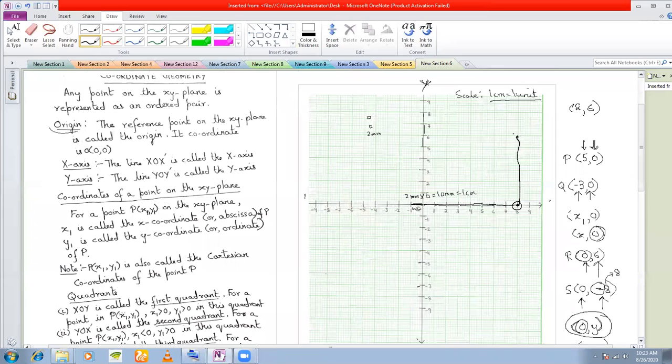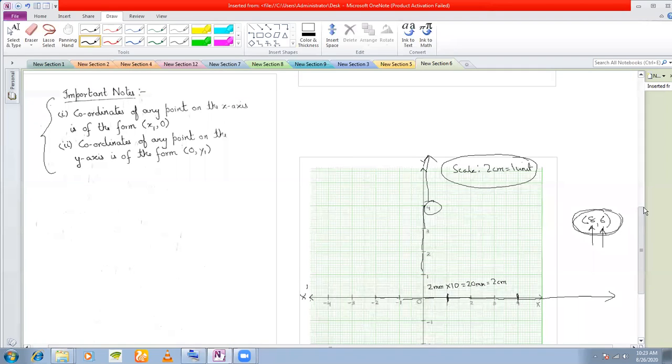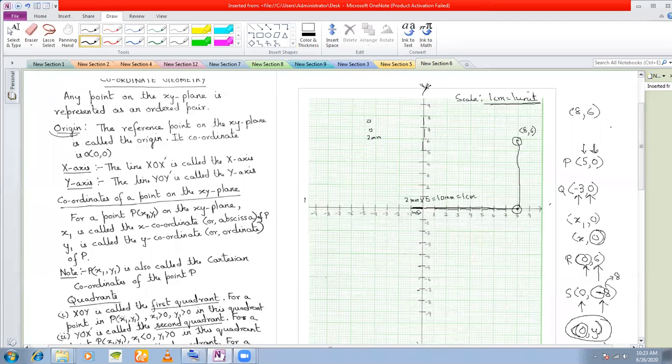Okay, so this is your point 8, 6. So you were able to locate it on the 1 centimeter is equal to 1 unit graph paper, but you were not able to locate 8, 6 on this graph paper. Okay, so that is why, depending on the coordinates, we'll take our scale. Sometimes the scale is given. Otherwise, if the scale is not given, we'll see the coordinates and then we'll use our good judgment to take the scale.